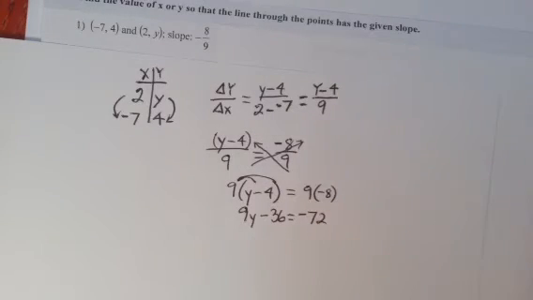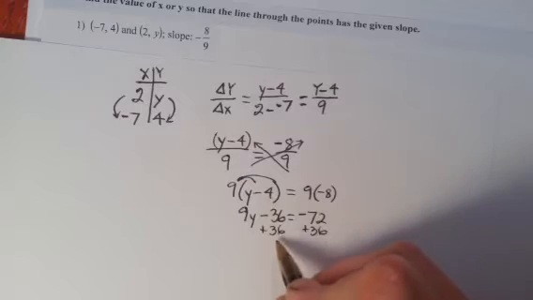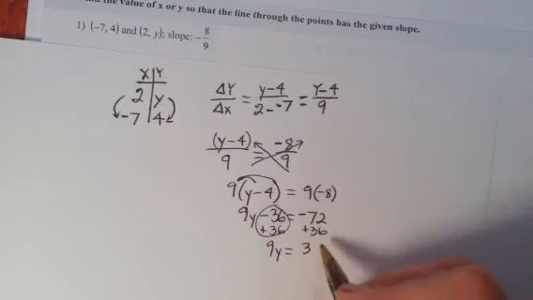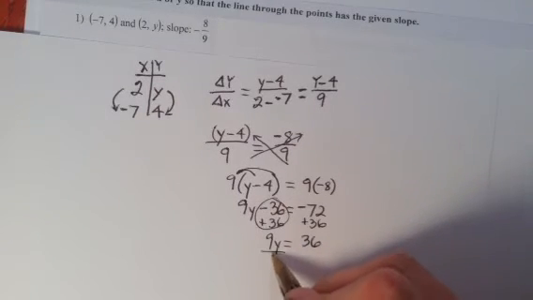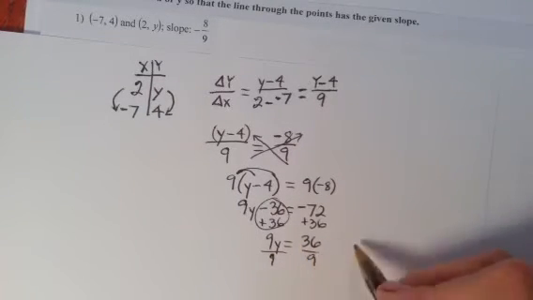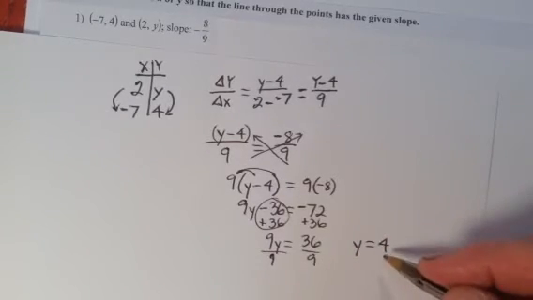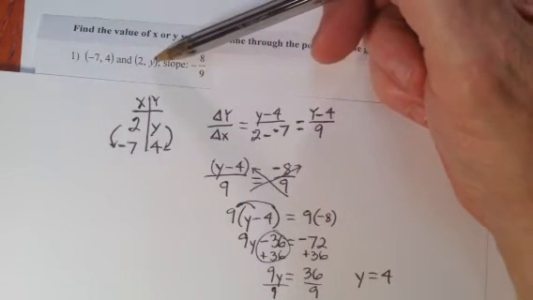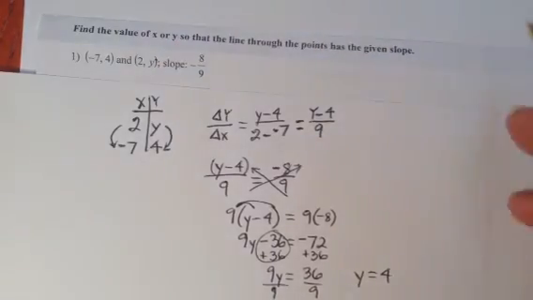Calculator can check that, and we should be able to breeze through this. Subtract 36 from both sides, so 9y is equal to -72 minus 36, which is -108. Divide both sides by 9, and that means our missing part is going to be -12. So what is the missing coordinate up here? This guy right here is going to be a -12.